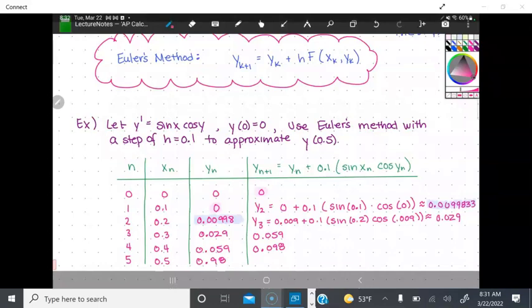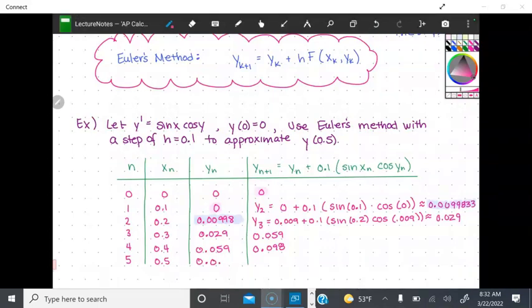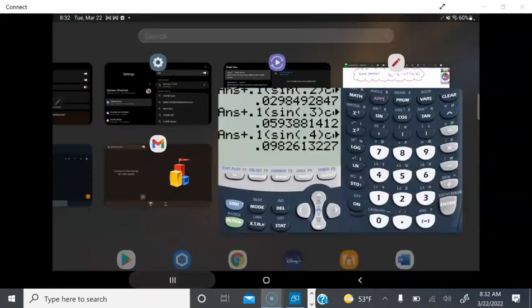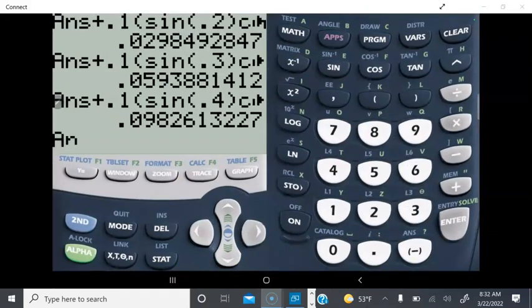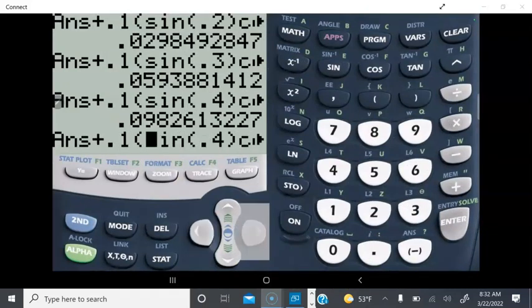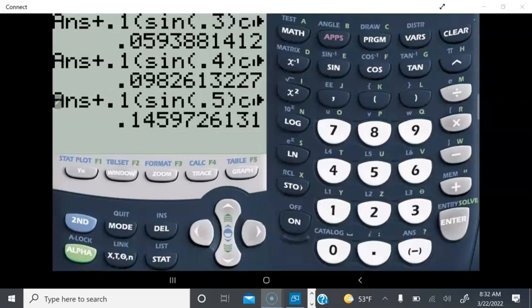And then, oops, I forgot the O. Oh, 0.098. And I'll do it again. I can get on the 0.4. There we go. And I get 0.145.